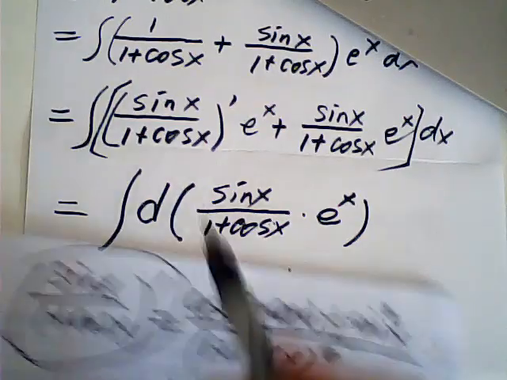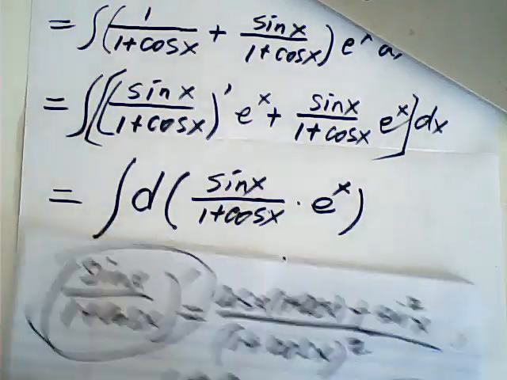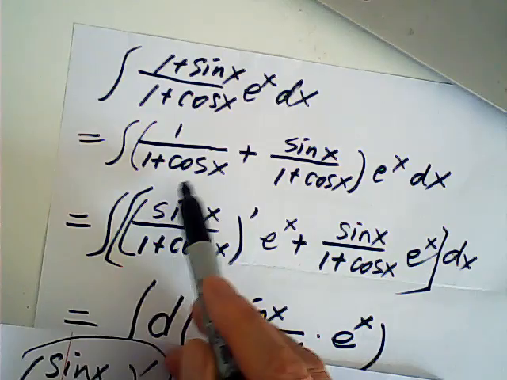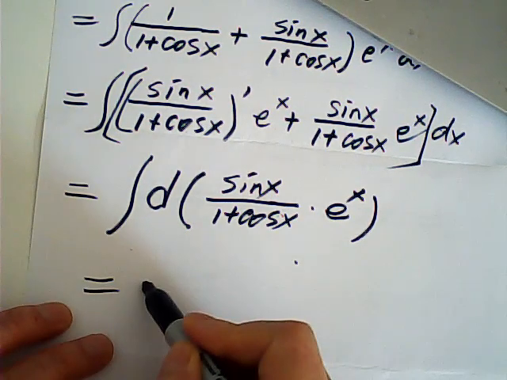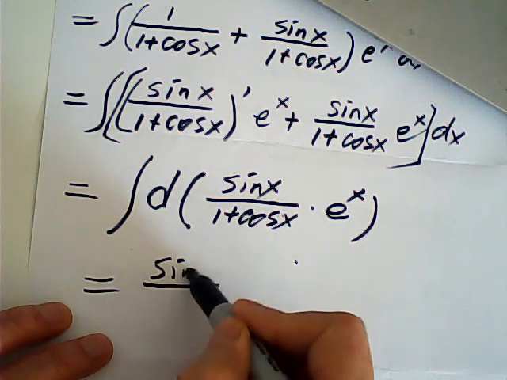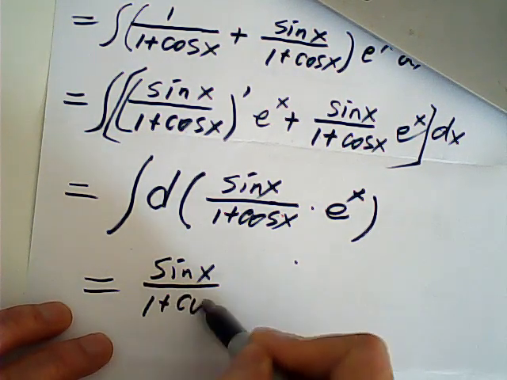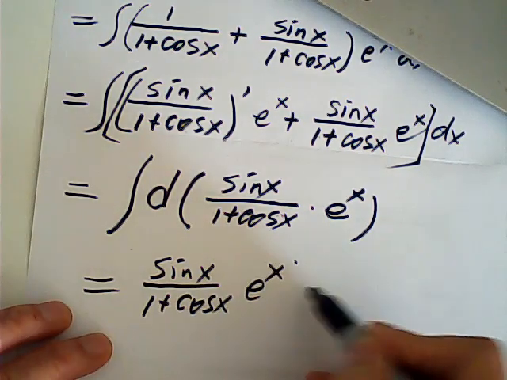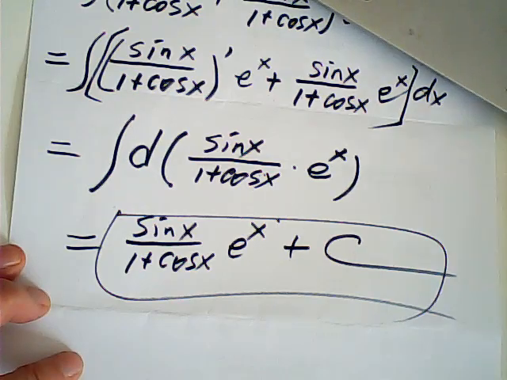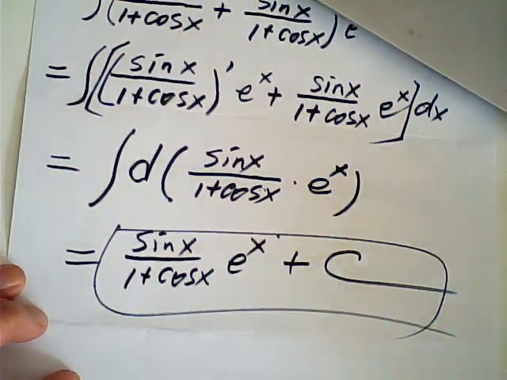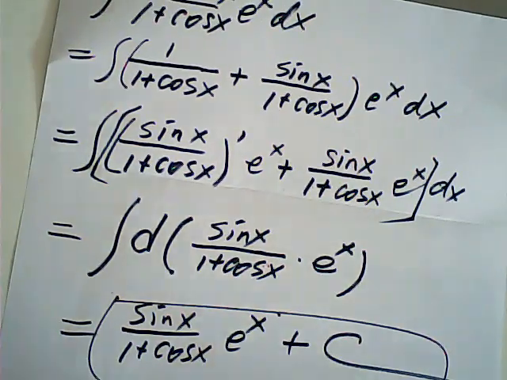As I showed here, the derivative of this one is equal to 1 over 1 plus cosine x. That's exactly equal to this. So this one is equal to sine x over 1 plus cosine x times e to the x plus c. That is the result. Thank you for watching.